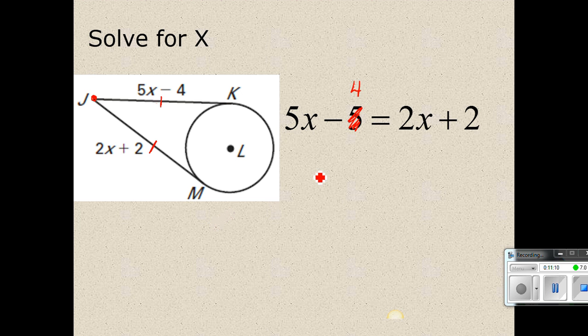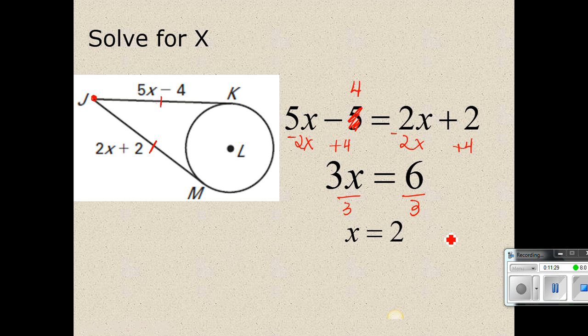I'm going to add 4 to both sides and subtract 2x from both sides, getting the x's on one side and the numbers on the other, and I get 3x equals 6. Then I divide both sides by 3, and x equals 2.